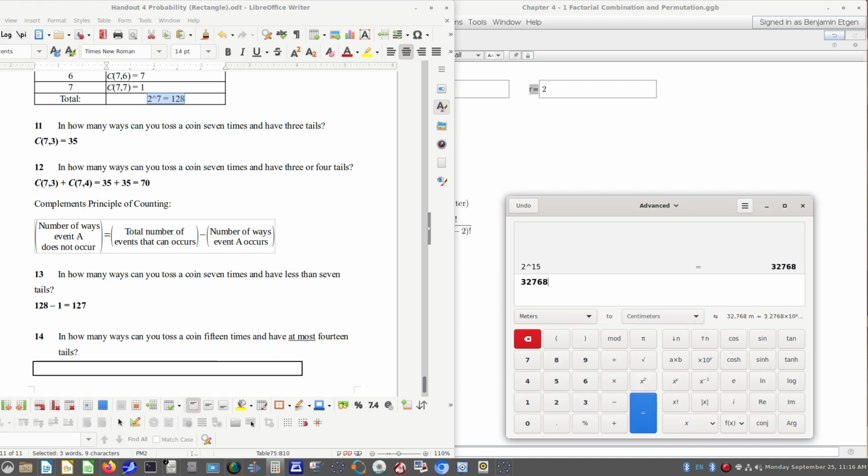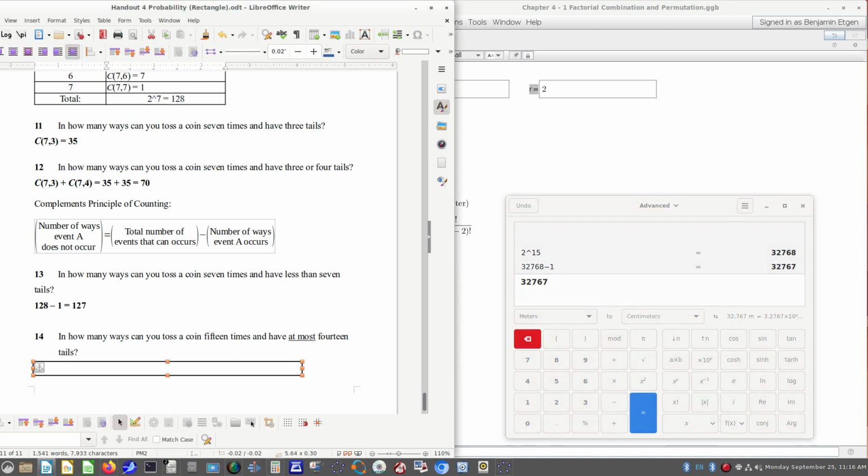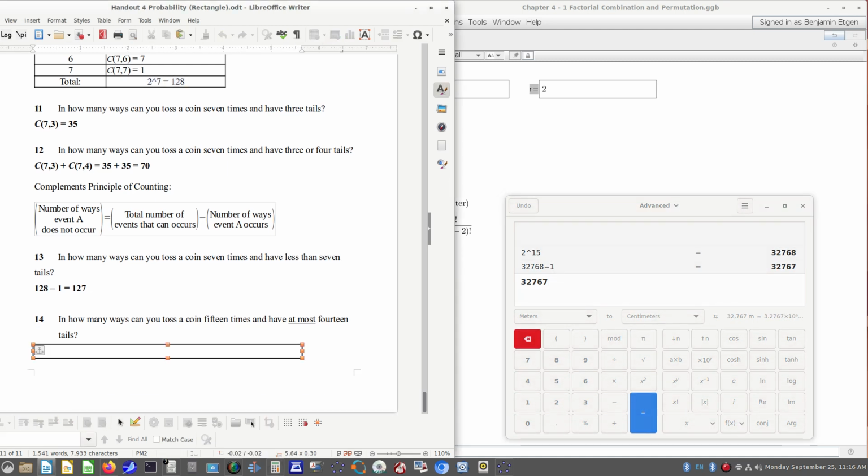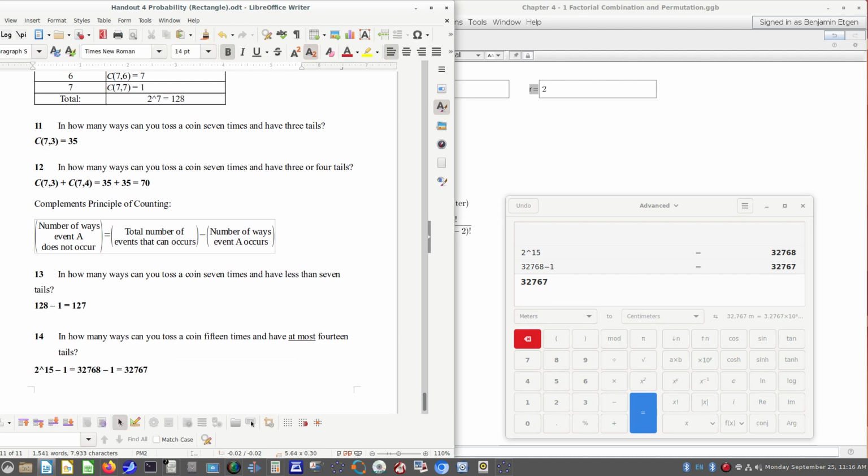But we're interested in everything but the case where there's 15 tails. So that only happens one way. So we subtract 1, and that gives us our answer, 32,767.